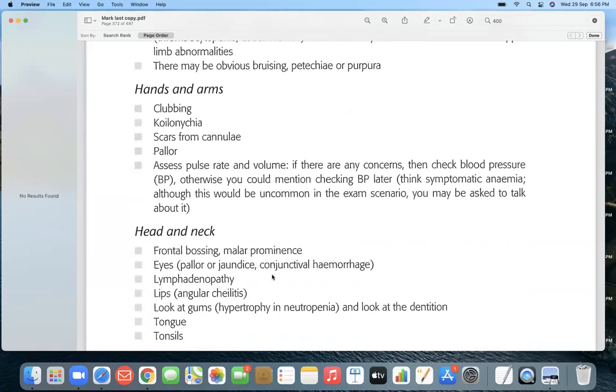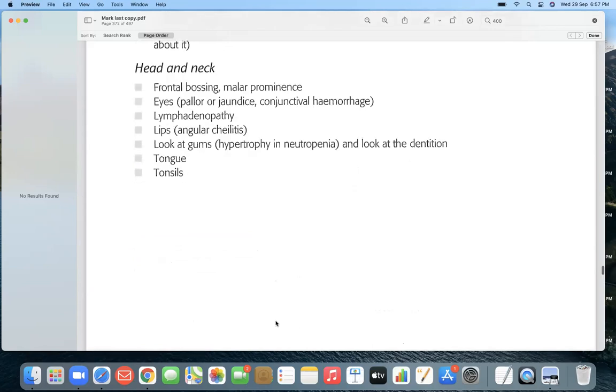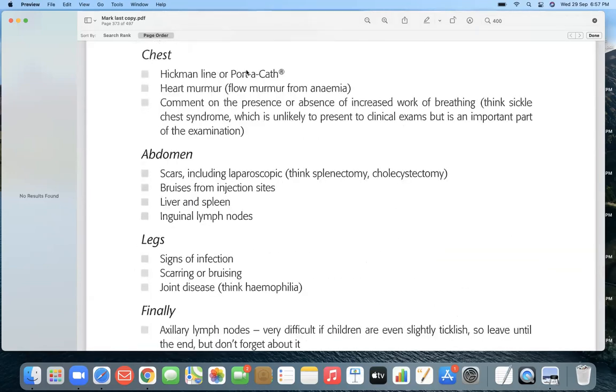Pallor, jaundice, conjunctival hemorrhages, lymphadenopathy, anything in the mouth, including ulcers, glossitis, stomatitis, cheilitis, everything has to be checked. Gum hypertrophy you can see in neutropenia, and also dentition has to be checked. Tongue, tonsils.